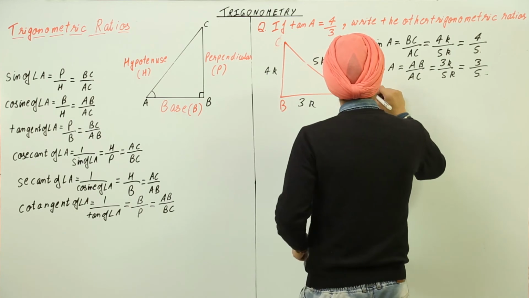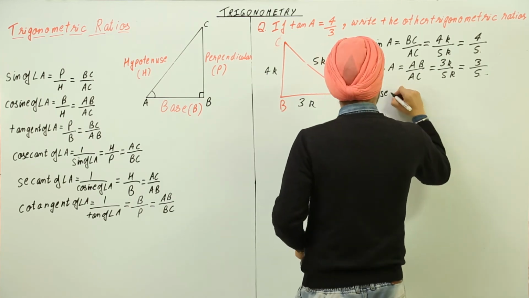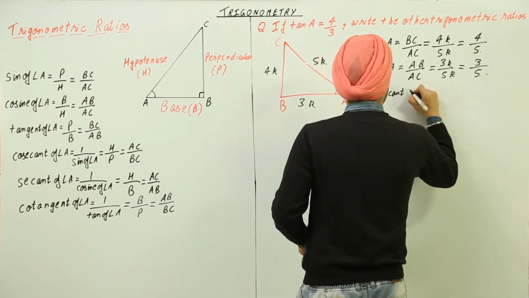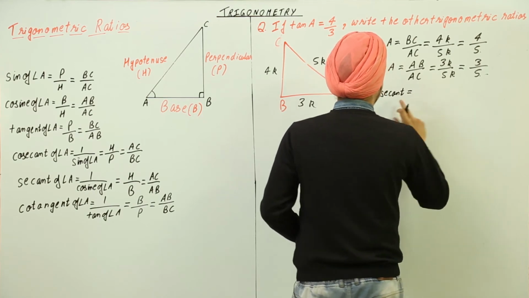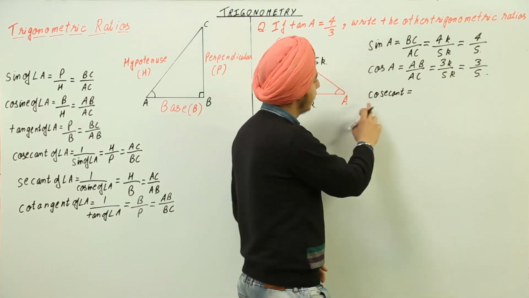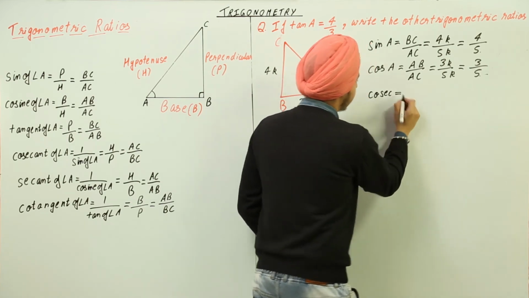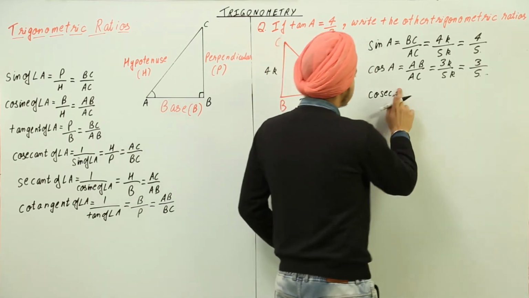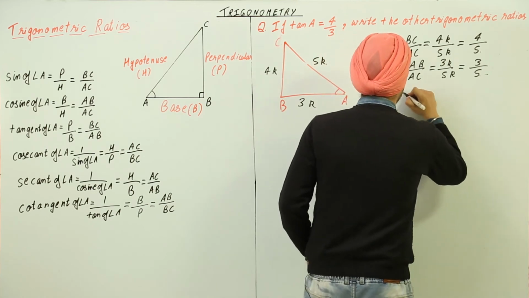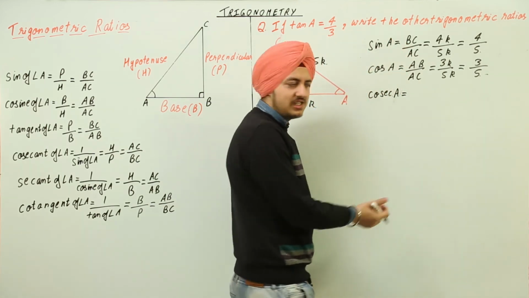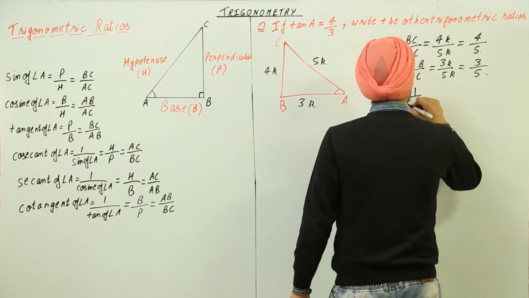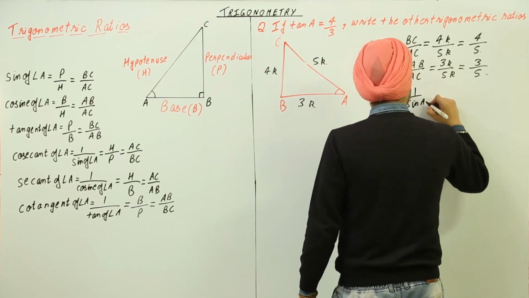Now the next is cosecant of A. Or we also call it cosec of A. This is another short form for cosecant of A. Wherever you see this, this means cosecant. Now what is cosecant? Cosecant is the reciprocal of sine, correct?